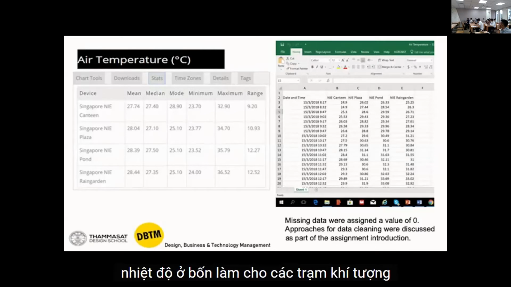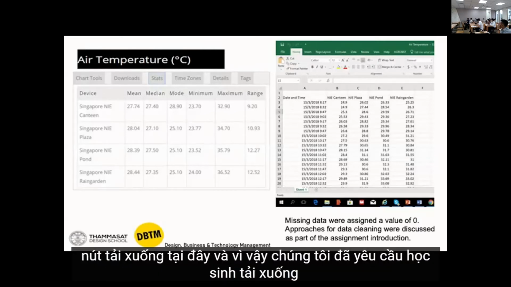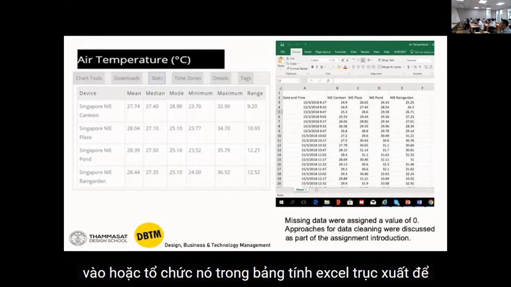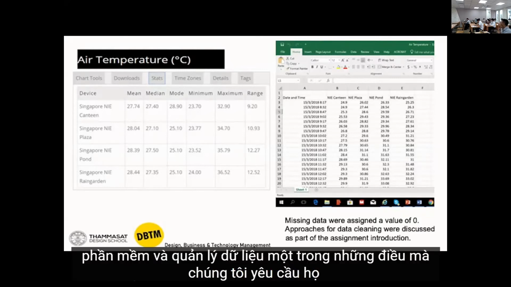What we had the students do is, as you can see in this dashboard option, there's a download button here, and so we had the students download the data from the server and then load the data into or organize it within the Excel spreadsheet. So they were having to become familiar with numeracy and software and data management.